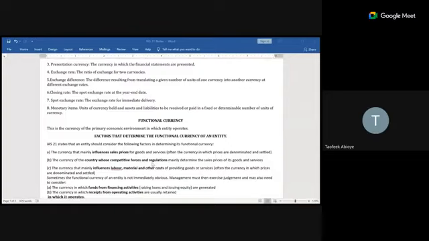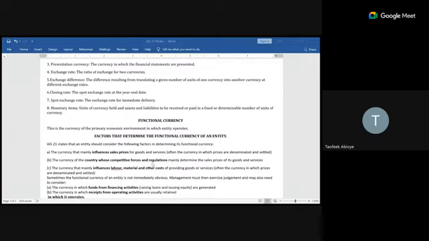Then IAS 21 says that sometimes the functional currency of an entity is not immediately obvious. Management must exercise judgment, and must also consider the currency in which funds from financing activities are generated. For example, when a PLC wants to raise funds, it will issue shares in its functional currency.